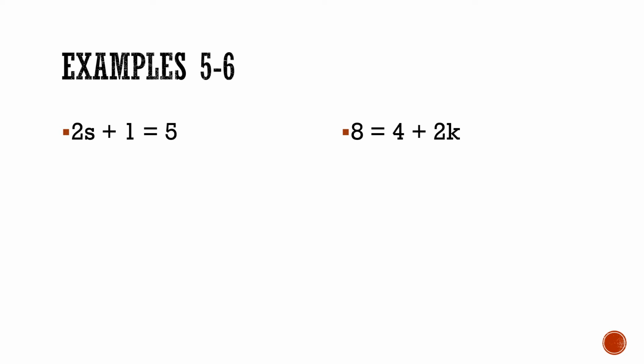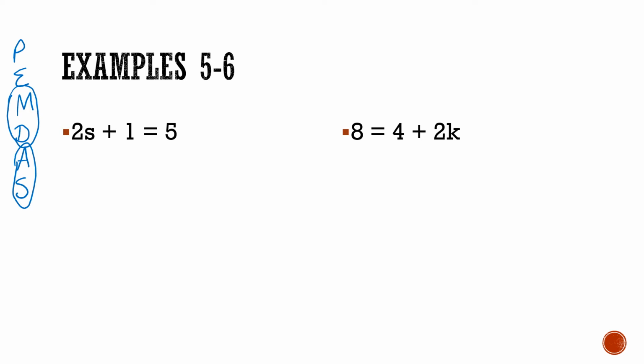Now normally, when we solve a problem like 2 times s plus 1, we have to use our order of operations, which you refer to as PEMDAS. So when we're working backwards in a two-step equation, we're working backwards through PEMDAS. That means we take care of things that have been added and subtracted before we get to multiplying and dividing.